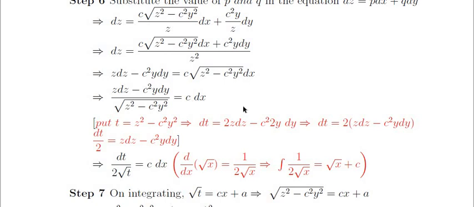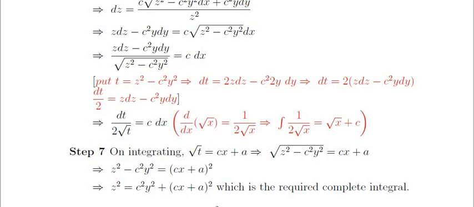That can be solved by substituting and rearranging, integration by substitution. We got dt by 2 root t is equal to c dx. On integrating the above equation, we got root t is equal to cx plus a.